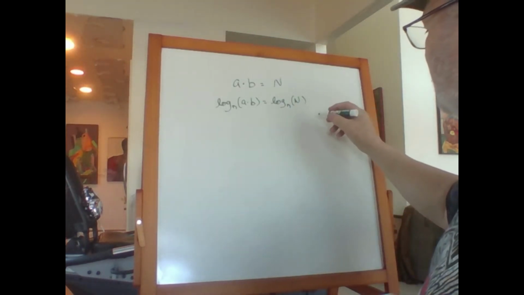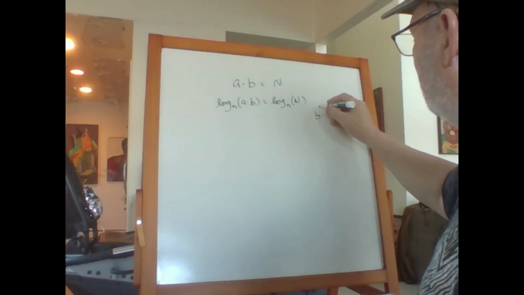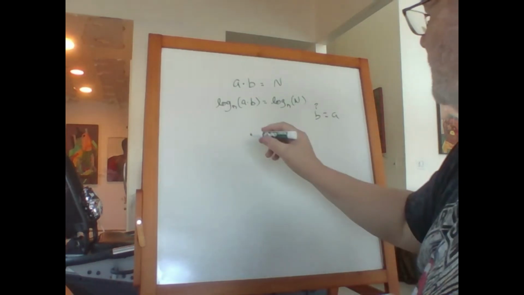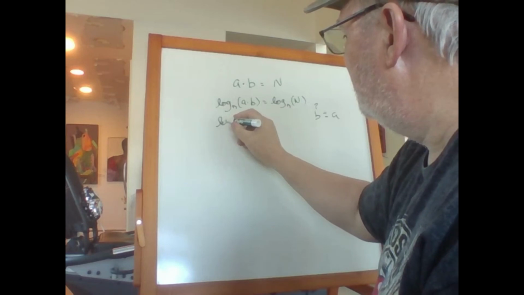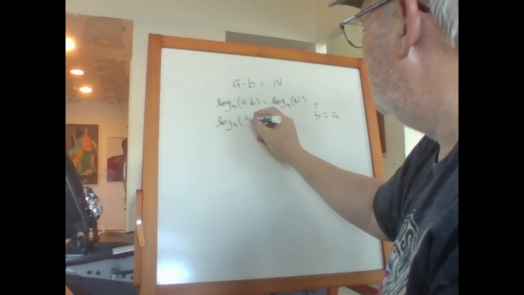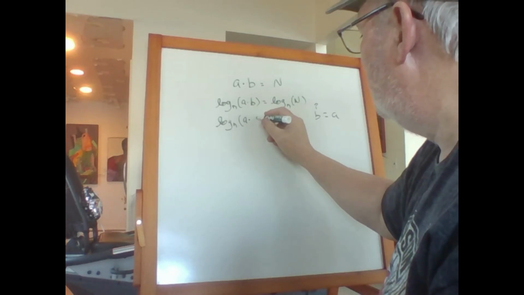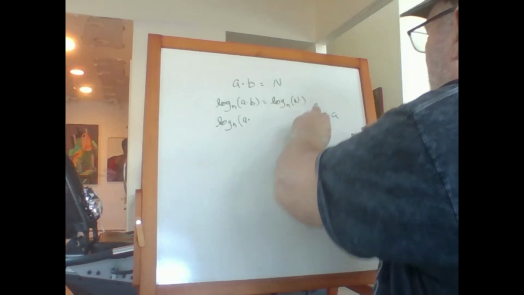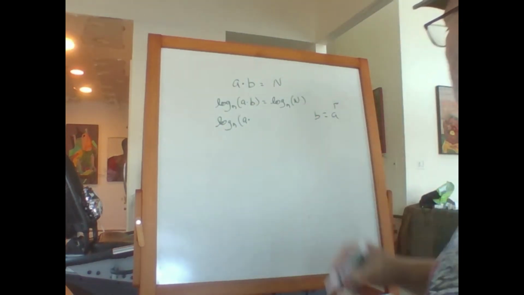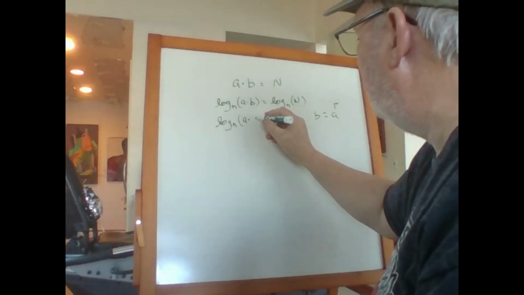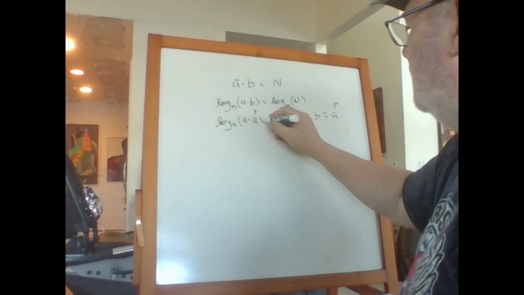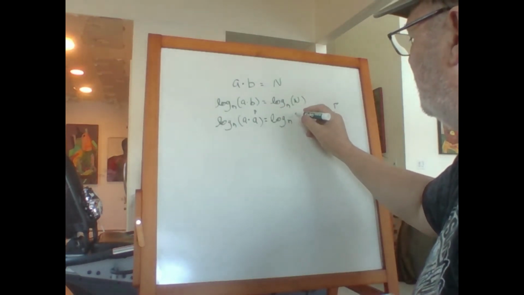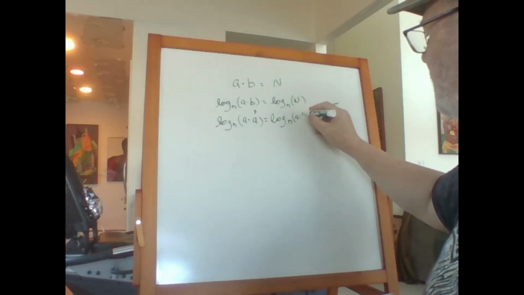But what if, as we know, we can put b in terms of some power of a? I'm sorry, b is equal to a to some power. So we have a to the power equals log, but n is a times b.